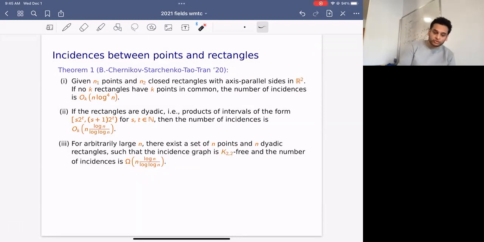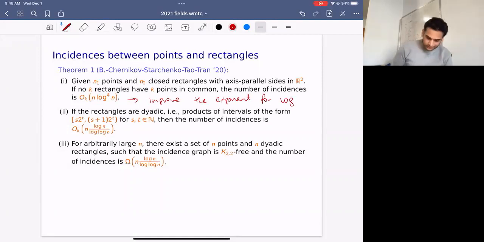So what we do not know, for example, is an open question: improve the exponent for the log. If you've been thinking about this and you figured it out, you could let me know. Okay, so that's what we have. If I were to conjecture something, I'd say it's probably log n, but I'm not sure.